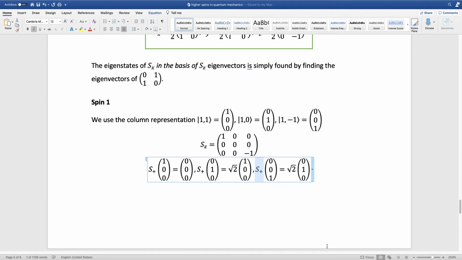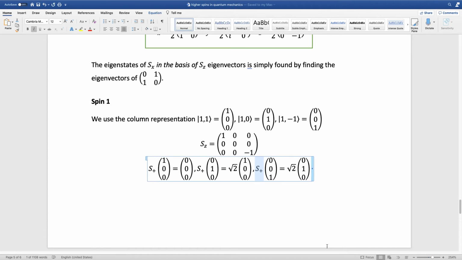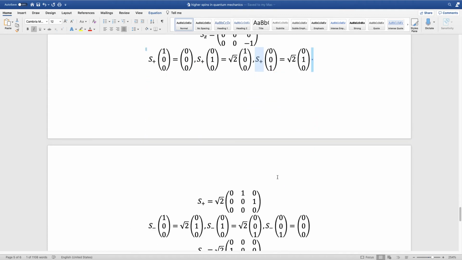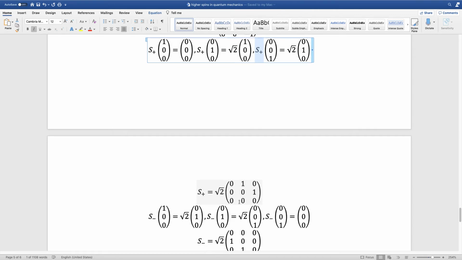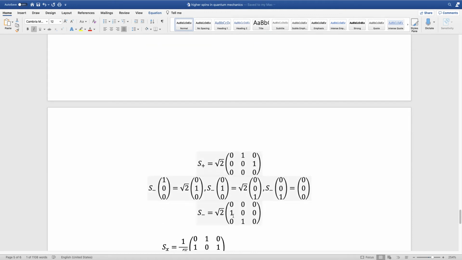So if we apply the raising operator to the m equals -1 eigenvector, then we get the m equals 0 eigenvector with a prefactor. From this we can obtain the matrix representation of the raising operator in terms of the basis vectors like this, and similarly this can be done for the lowering operator.